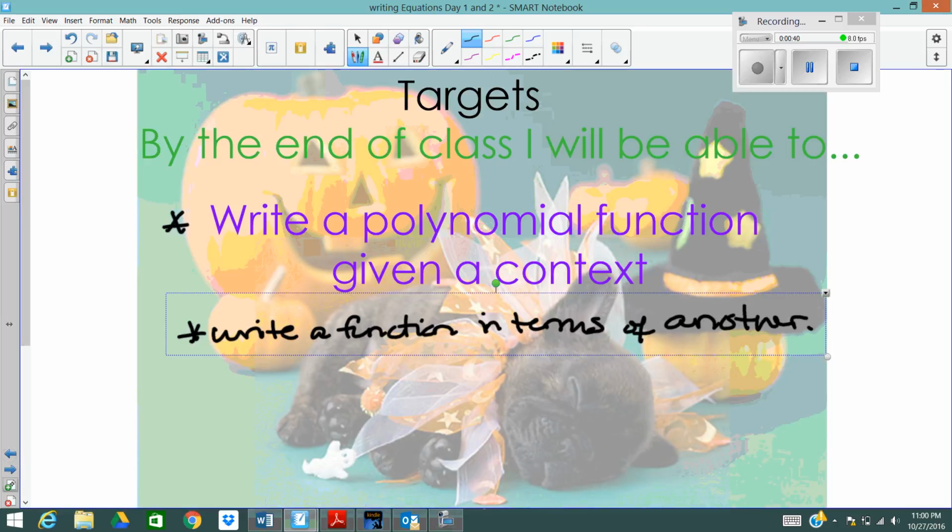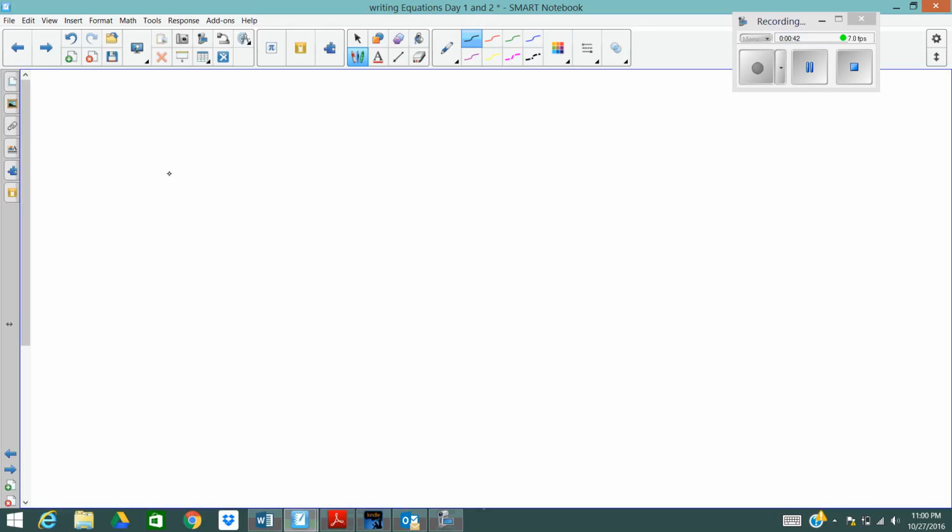So think about when you see something like f of x, what that means is your polynomial f as a function of x, so x squared plus 3.